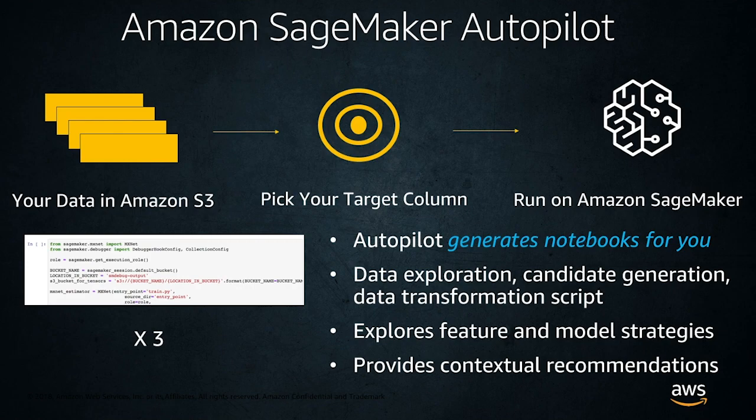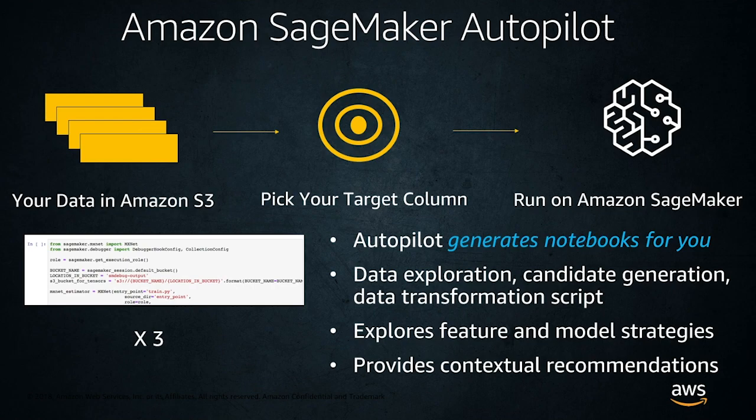We're also going to get a data transformation script generated for us. And this script we can use to modify, right? When you are looking at a candidate that was generated for you, you might think, geez, I like this approach, but I actually want to add 2 or 3 more steps that are a little bit more custom to exactly what I was looking for. And Autopilot is going to let you do that.